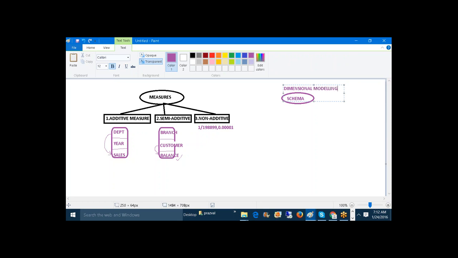Basically, we have two types of data modeling at the database level. One is ER modeling, which is for the OLTP systems, and number two, dimensional modeling, which is for the OLAP systems.